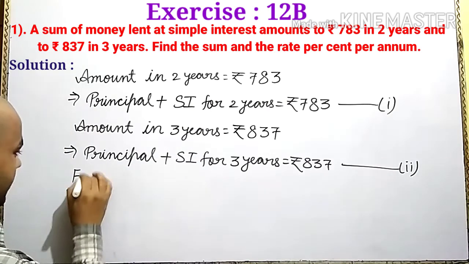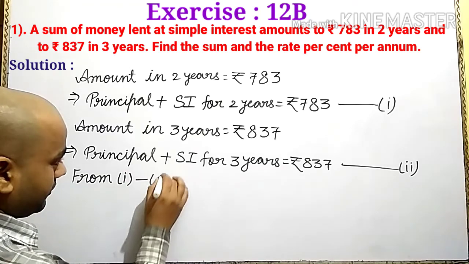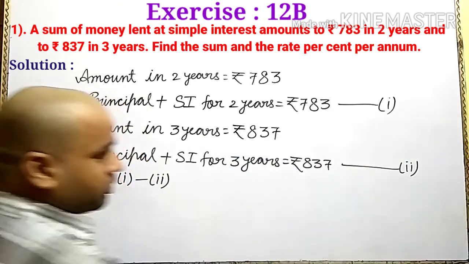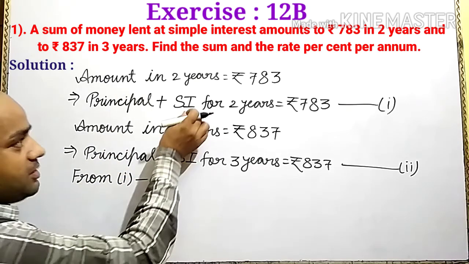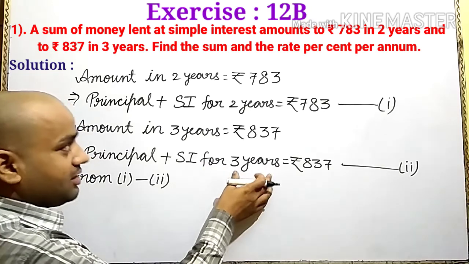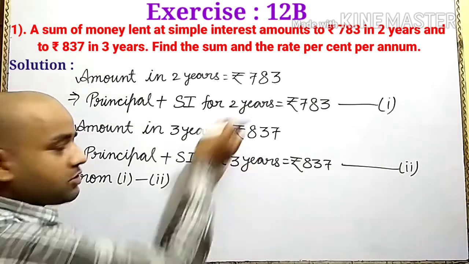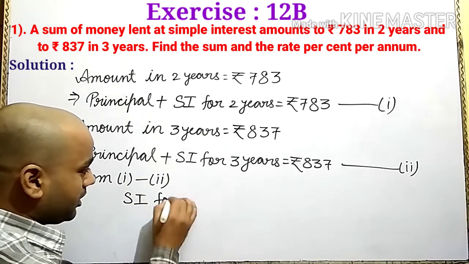Here we subtract first minus second. We subtract both equations. Here principal is common, so it cancels out. Here simple interest for 2 years and simple interest for 3 years. So we subtract 3 minus 2, 1 year. So here simple interest for 1 year.